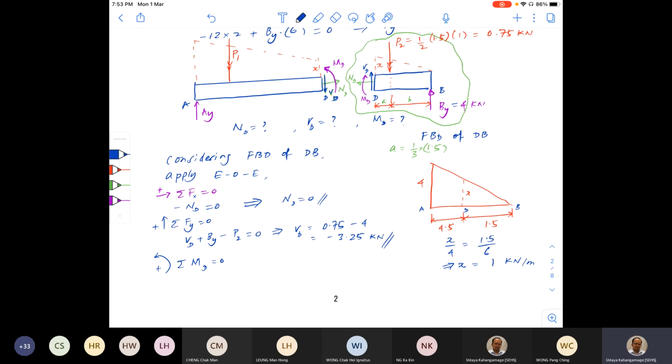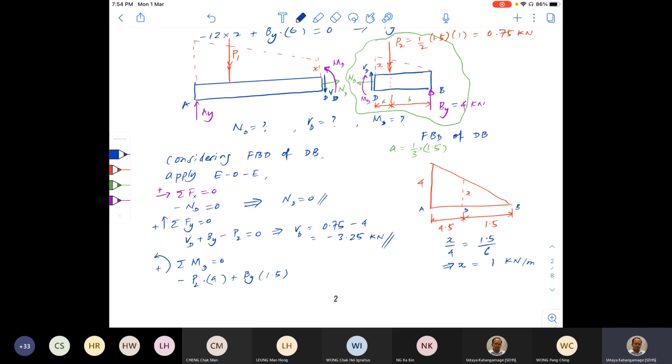If you apply P2, that means it's negative P2 times the distance. That distance is the one that I have calculated as A, right? And then By creates anti-clockwise moment around D, therefore it is positive. By times the total distance A plus B is 1.5 meters.